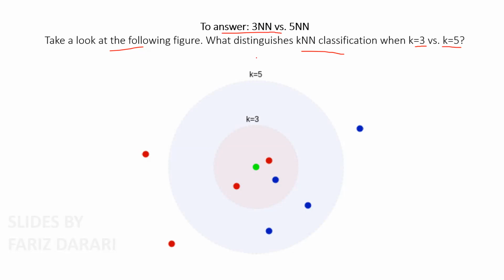Okay, I got a couple of answers. Let's see. If k is 3, the data point is included in the red class. Yes, that's correct. If k is 5, the data point belongs to the blue class. And another answer: when k is 3 it's red, when k is 5 it's blue.